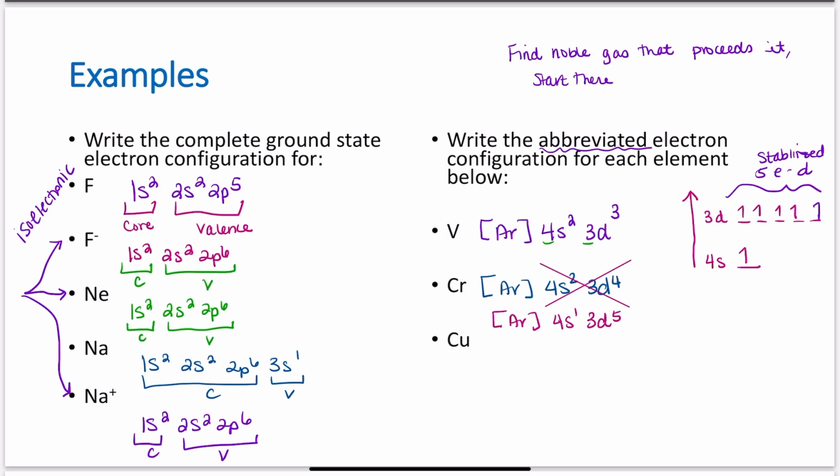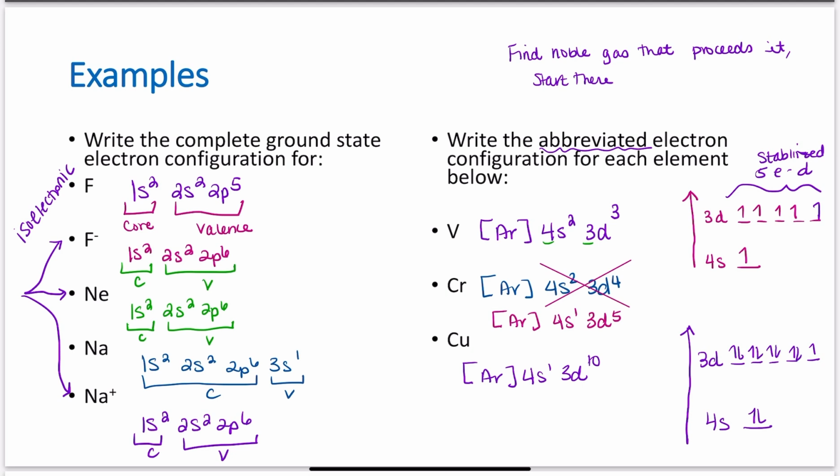We have to know that exception. We have to understand why that exception exists. We see a similar exception with copper. Copper is argon, 4s1, 3d10. And it's a similar idea. For copper, what we expected was 4s with 2 electrons and 3d with 9.